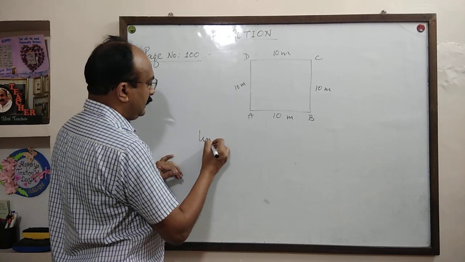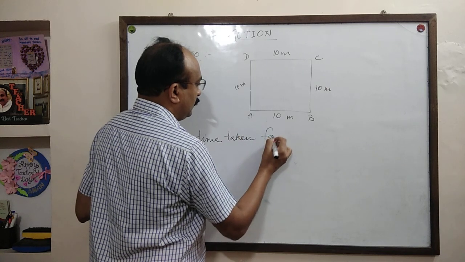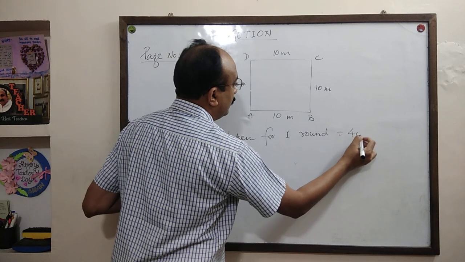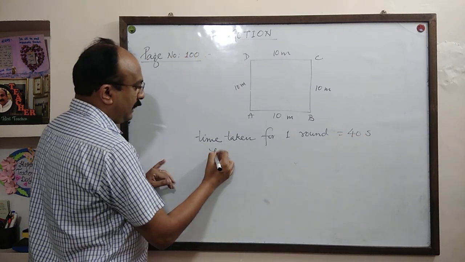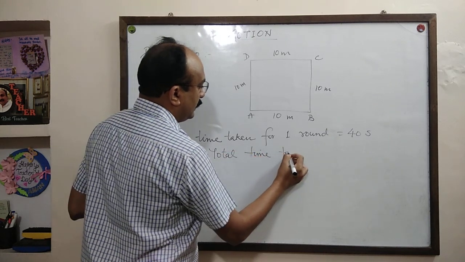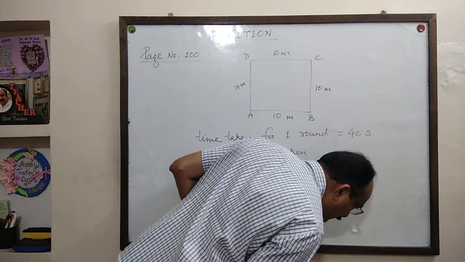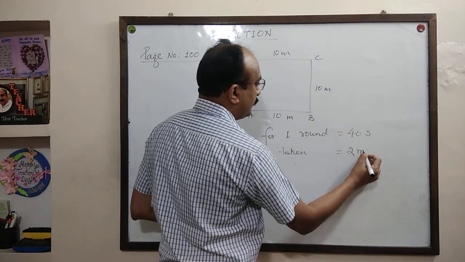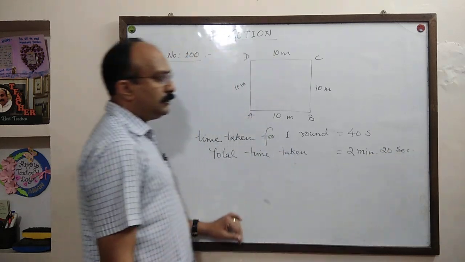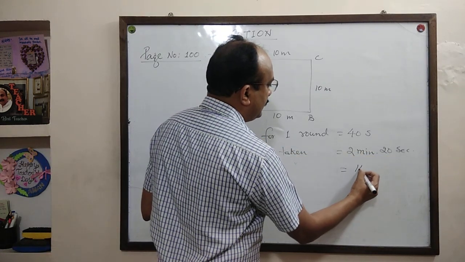Time taken for one round around the park is 40 seconds, and the total time is 2 minutes 20 seconds, which means 120 plus 20, 140 seconds.